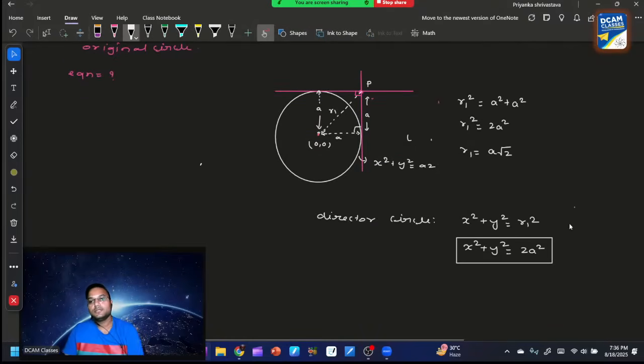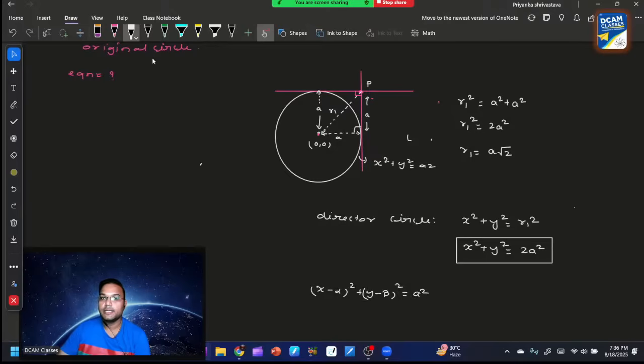I have given you the circle equation as this. If I have given a different one, like x minus alpha whole square plus y minus beta whole square is equal to a square, in that case the director circle equation will become x minus alpha whole square plus y minus beta whole square is equal to 2a square.